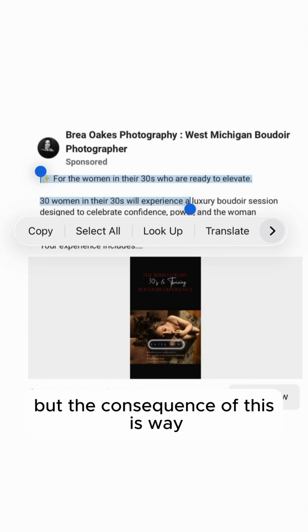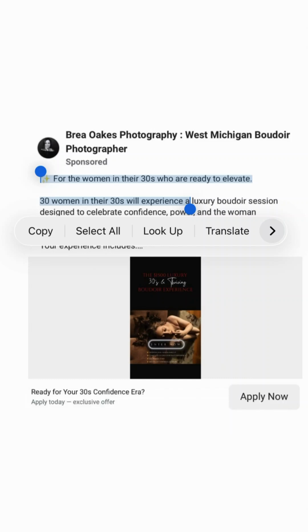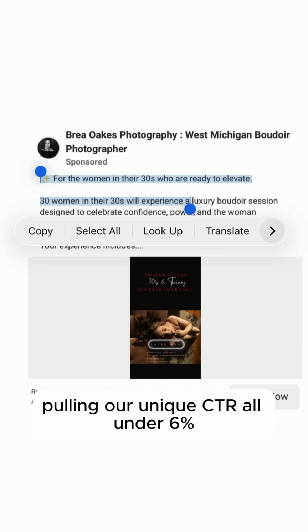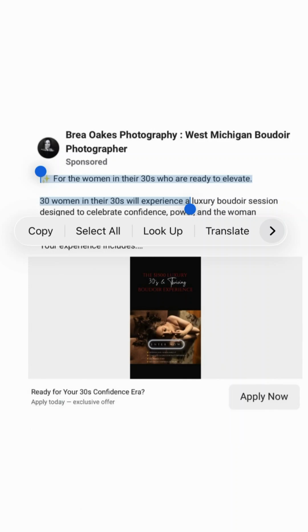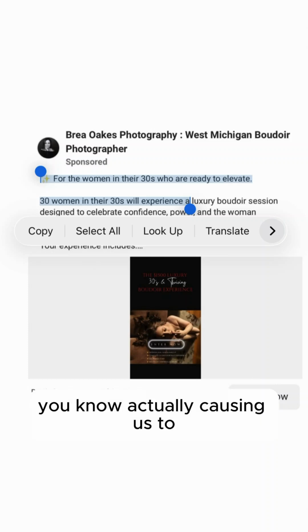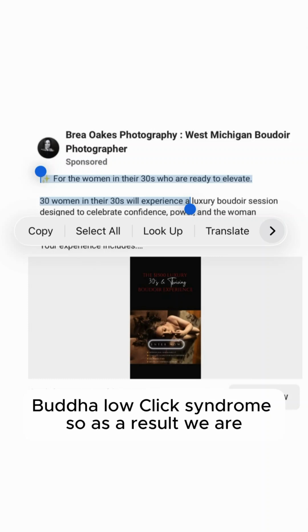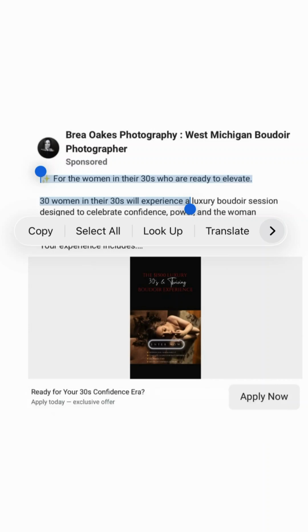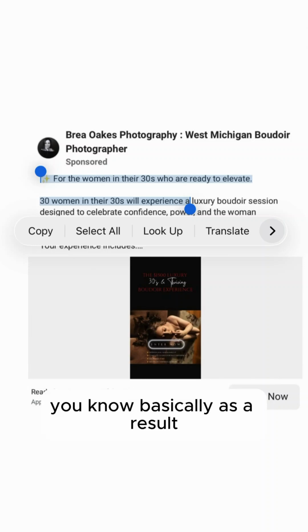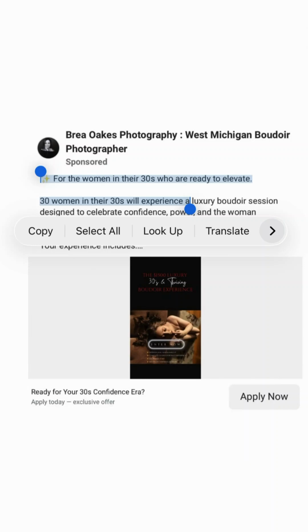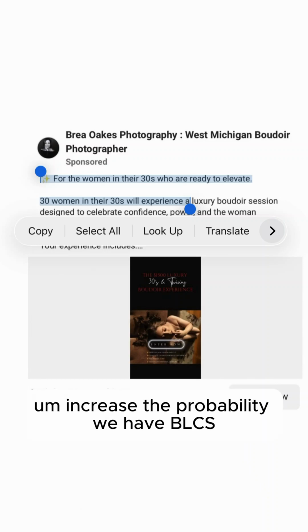But the consequence is way more women scrolling by our Boudoir Facebook ad than necessary, pulling our unique CTR under 6%, and a higher probability of having BLCS, Boudoir low click syndrome.